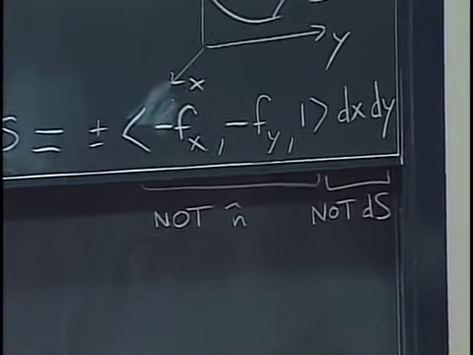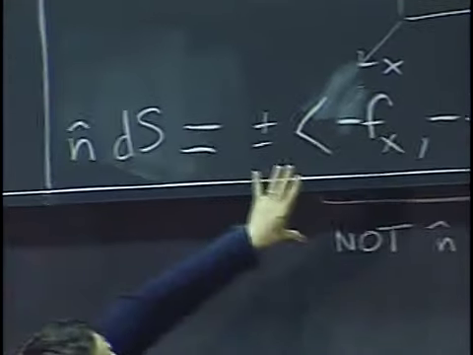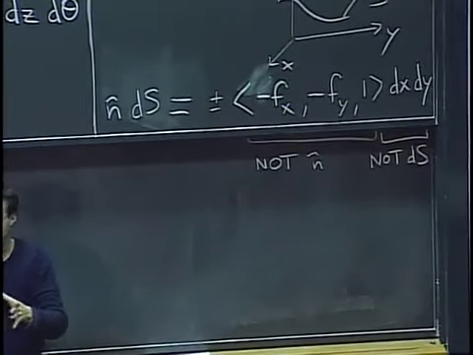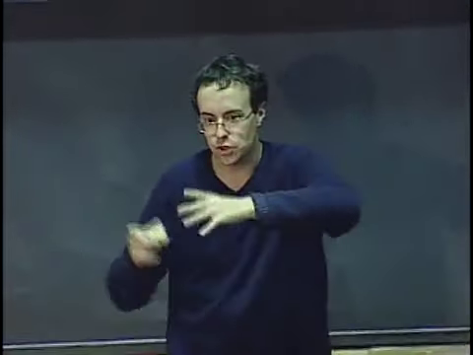Concretely, one way you can think about it is this tells you how to reduce things to an integral over x and y. And of course, you will have to figure out the bounds on x and y. That means you'll need to know what the shadow of your surface looks like in the xy plane.